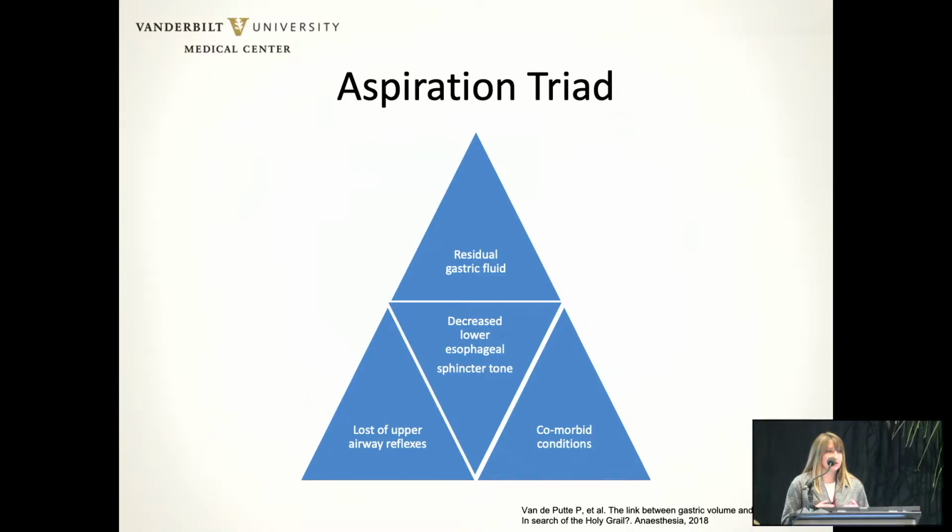General anesthesia, of course, decreases the lower esophageal sphincter tone and blunts our upper airway reflexes. We all know this, and so this puts our patients at risk of aspiration. Now, the one factor here that we can modify is the gastric contents.